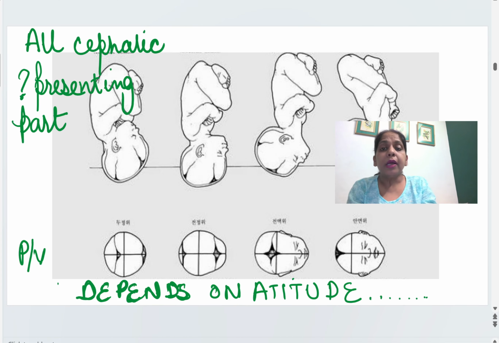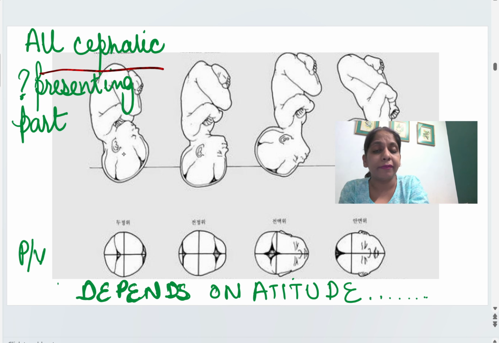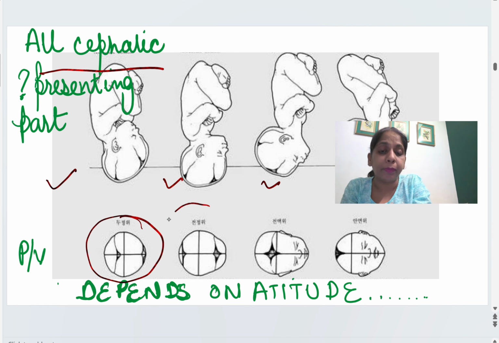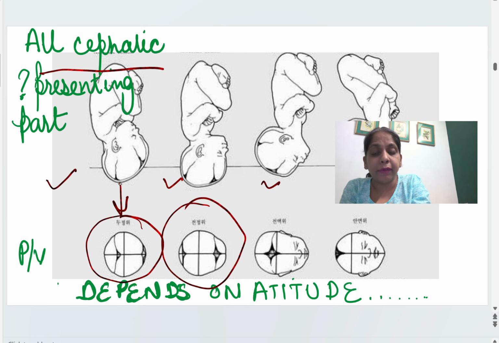Now here all are cephalic presentations. What we feel on PV is different in each. In this case we will feel the part between the anterior fontanelle and posterior fontanelle, so it is the vertex presentation.